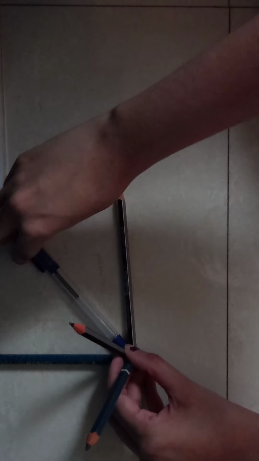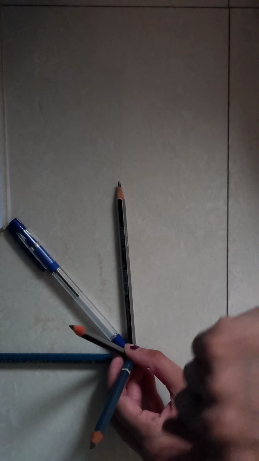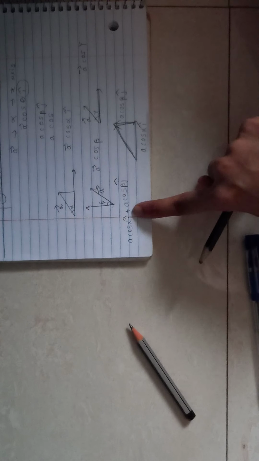Now the third step is that I have to shift the z-axis component like that. So there has to be a parallel shift for the z-axis component, so that the z-axis component will be like this. So now if you can imagine 3D, this is our resultant vector which we just found out, a cos alpha i cap plus a cos beta j cap.